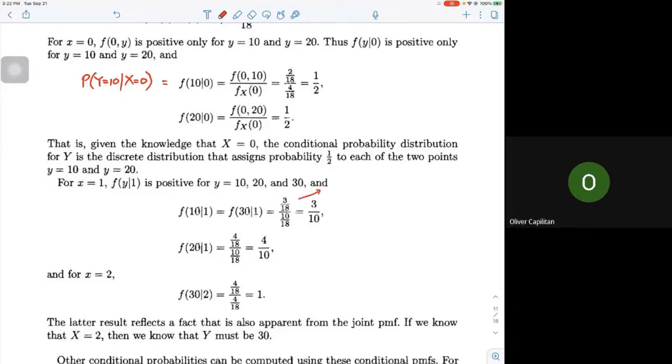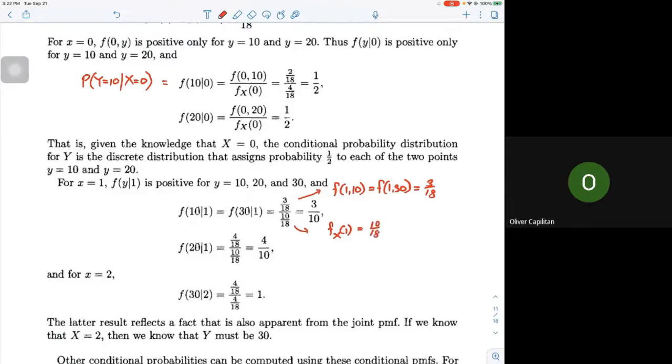The joint, f of 1, 10, which is equal to f of 1, 30, is given in the problem as 3 over 80. In our denominator, the marginal PMF of x evaluated at 1 is equal to 10 over 80.